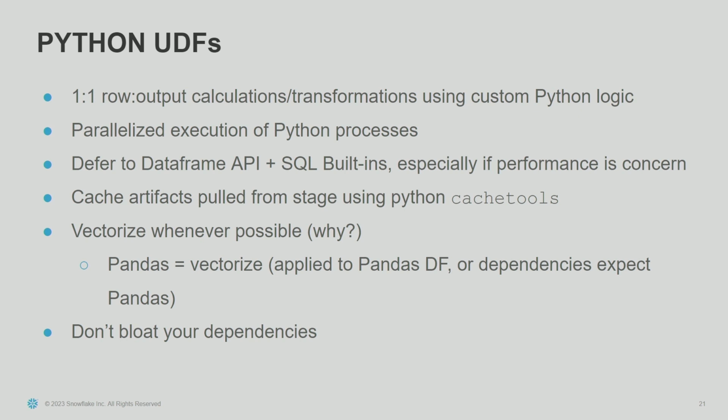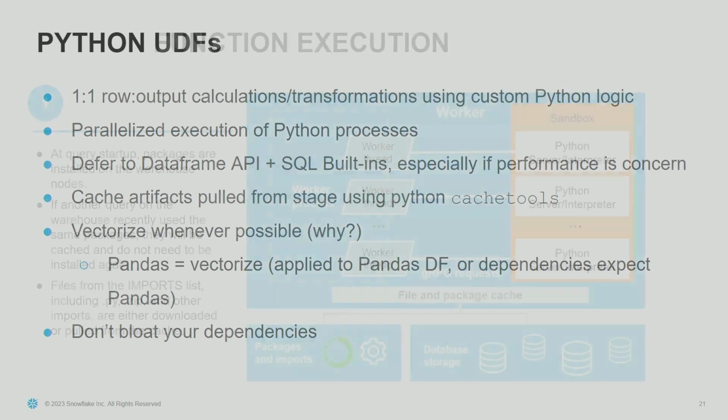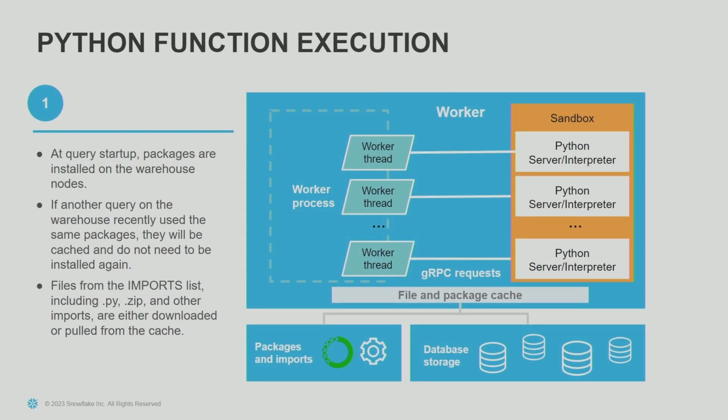The reason for that is, again, when we actually execute these Python UDFs across the worker nodes within the Python sandbox, we're basically spinning up a bunch of independent Python processes. We load that bytecode into that Python process, and then Snowflake handles the passing, batching, and sending of data to all these independent processes for you, right?